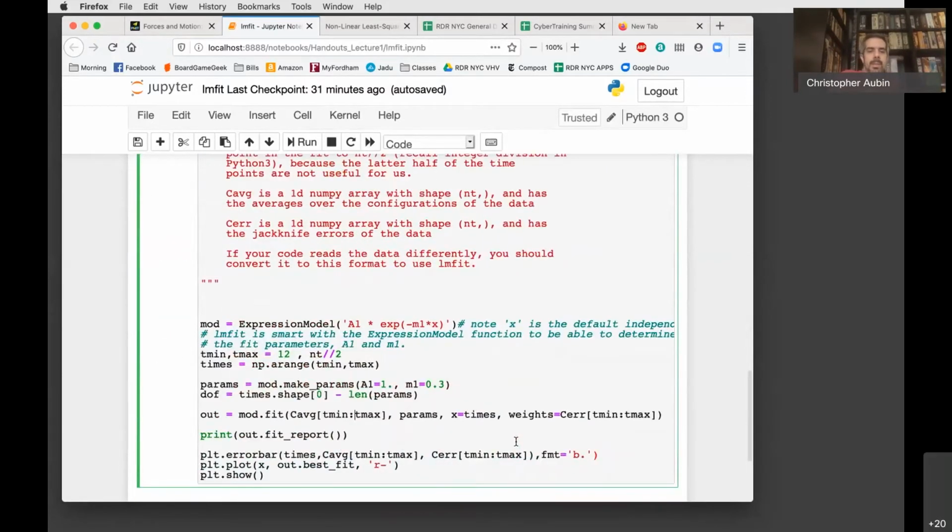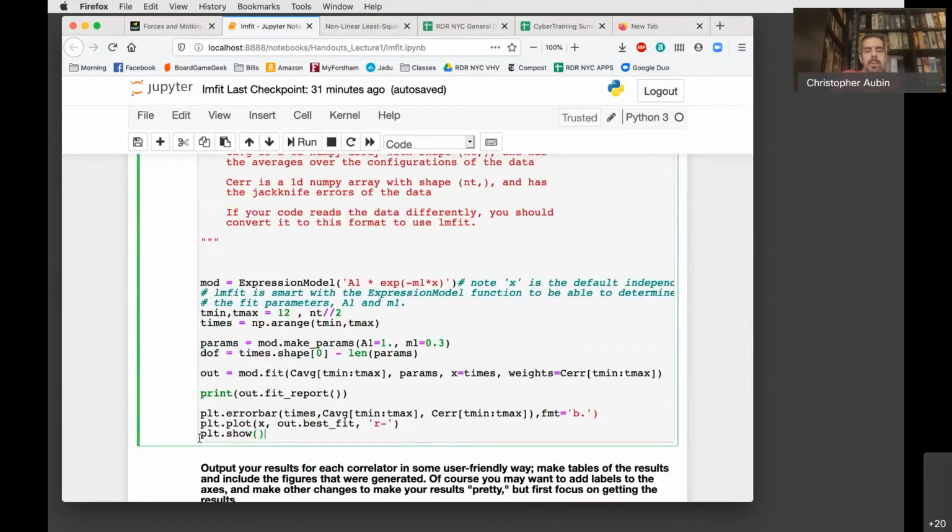So below this, instead of doing the plt.show, you might want to just save the figure to a file named based on the file name that you read in, and then create an output file where you can output these fit results, the fit report, for example, in order to have a whole slew of results in your directory that you can later look at. That's also part of how you get to make this work how you want it to, instead of how I would tell you to do it.